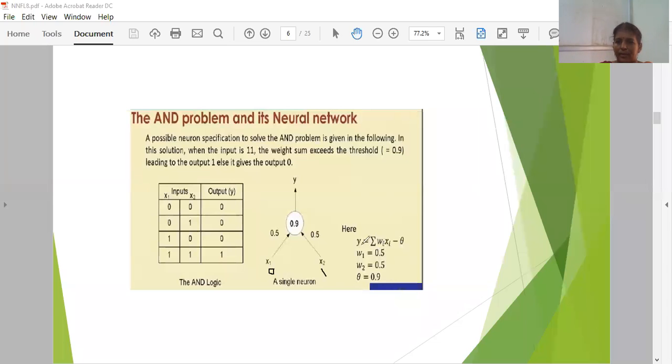So your output will be a negative value. You are assuming the condition here that the output will be high, or 1, only when this has a positive value.